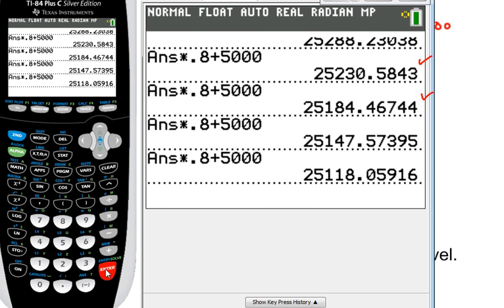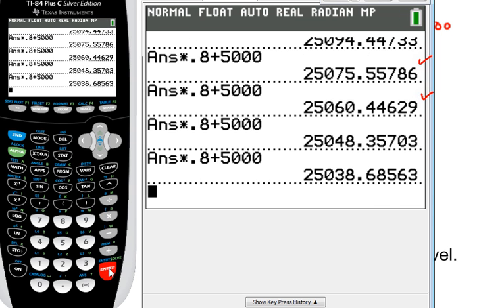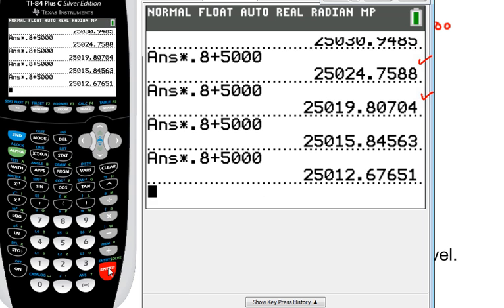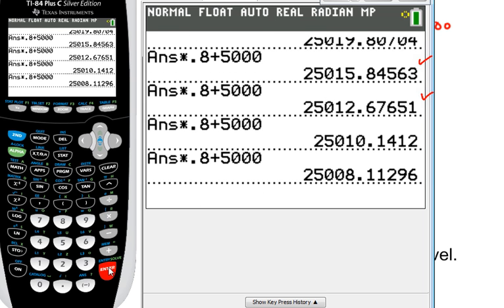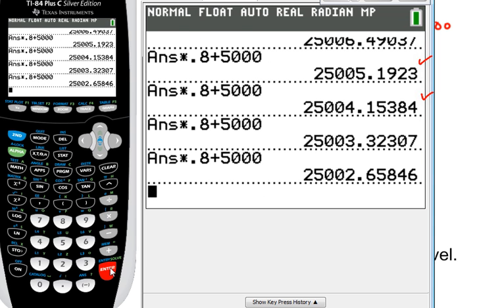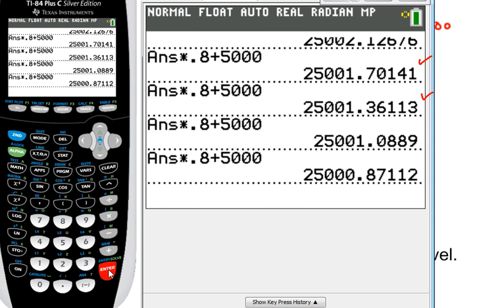It's going to take a long time for this, but if you're on your own calculator, you'll see it a lot quicker. It will never go below 25,000. That point is called the equilibrium point. You'll also see some questions in your book will say, in the long run, what happens to this population?